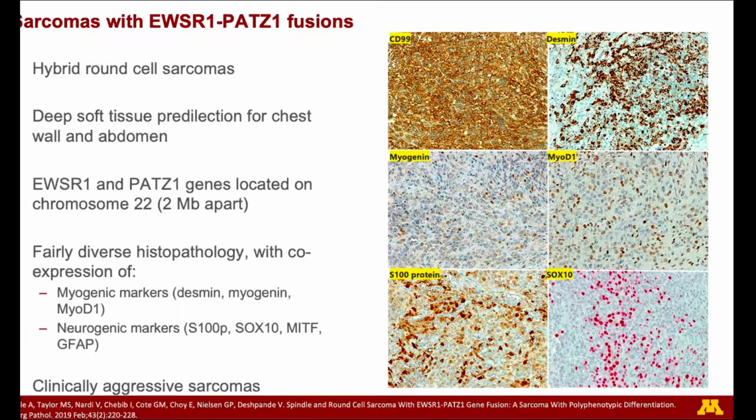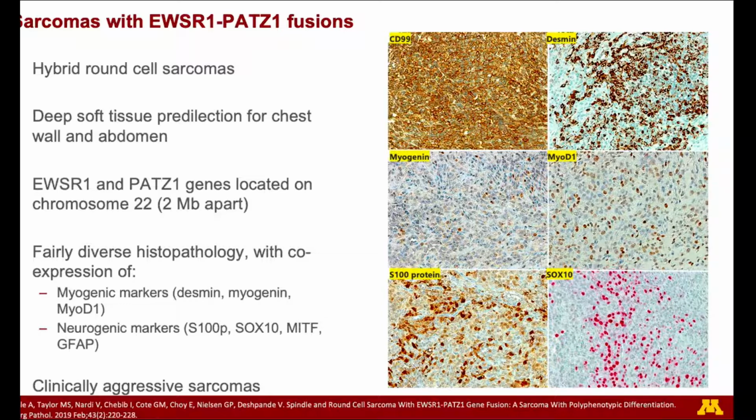Sarcoma with EWSR1-PATZ1 fusion is one of the new tumor entities belonging to the family of round cell sarcoma with EWSR1 non-ETS fusions by WHO. This sarcoma usually occurs in deep soft tissue with predilection for the chest wall and abdomen.